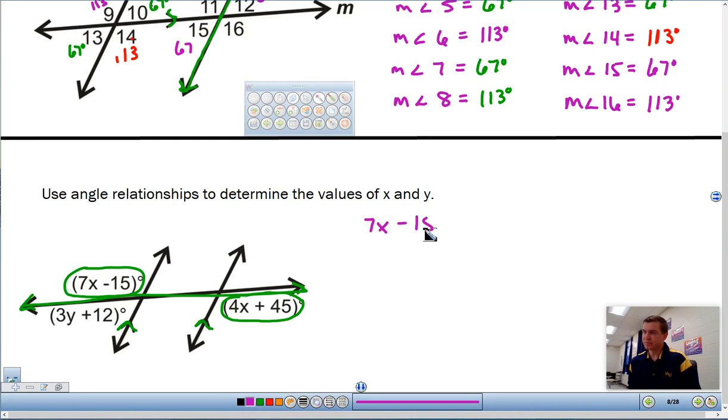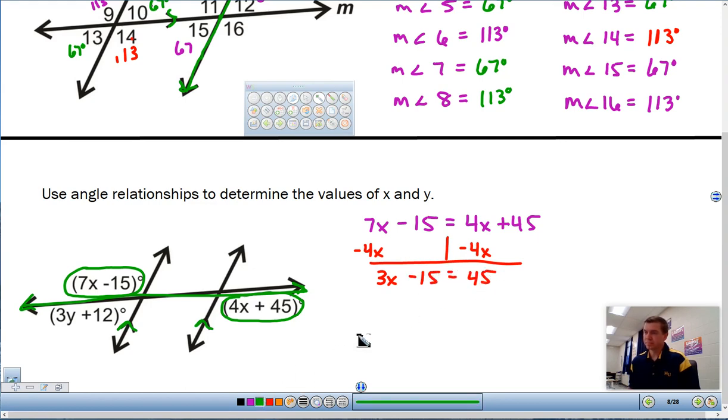So we write 7x minus 15 equals 4x plus 45. If I solve this using some algebra, we find that x equals 20.